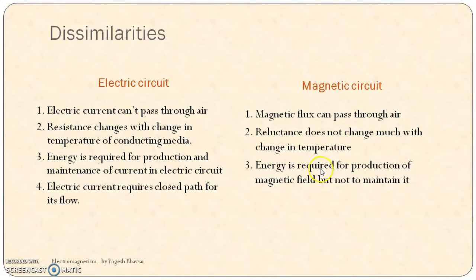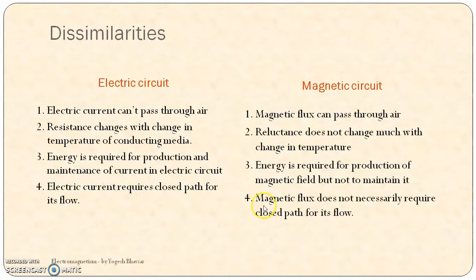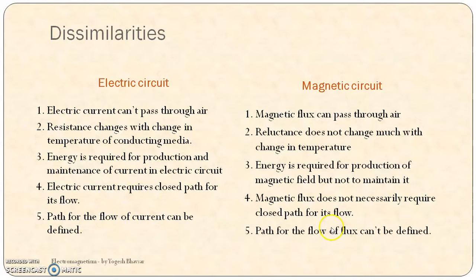As soon as we remove the supply, there will be a residual magnetism in the magnetic circuit. The next point is electric current requires a closed path for its flow, but the magnetic flux doesn't require any closed path, even if it can flow through the air also. Path for the flow of current can be defined, but path for the flow of flux cannot be defined. So these are the dissimilarities in electric and magnetic circuit.